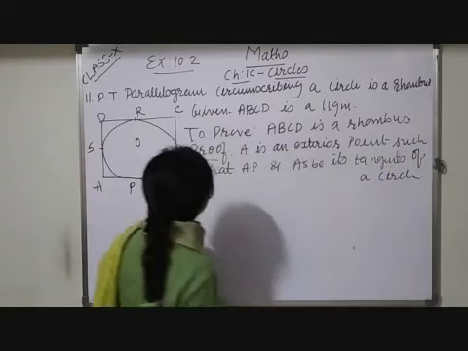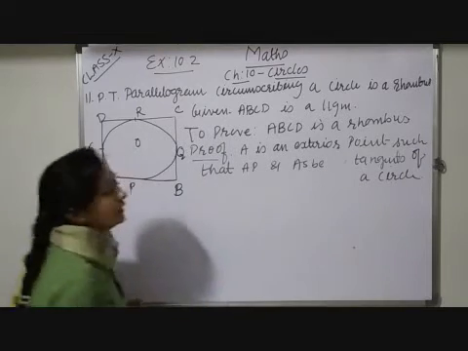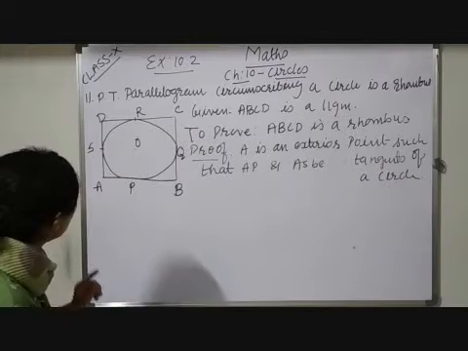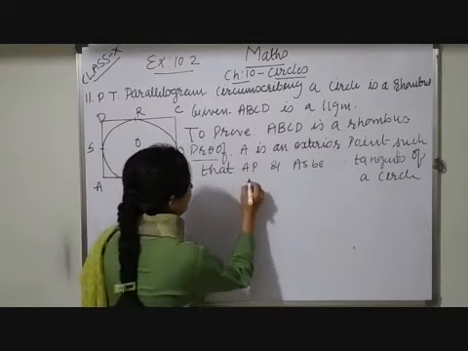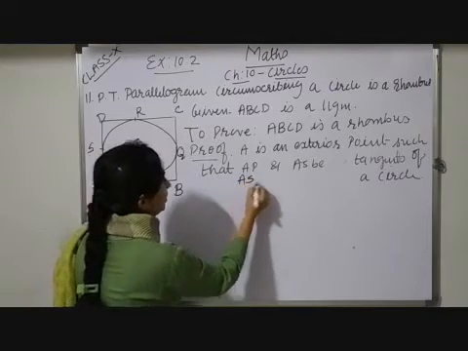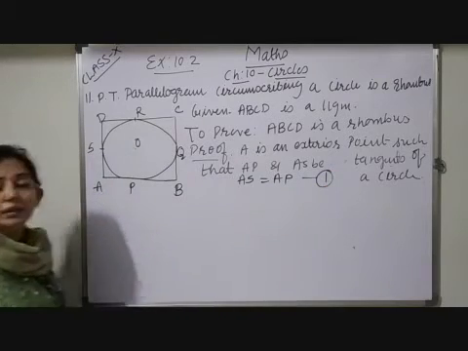If these are tangents of a circle, it means I can write AS is equal to AP. Let this be equation number 1.